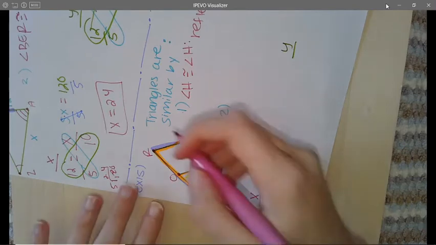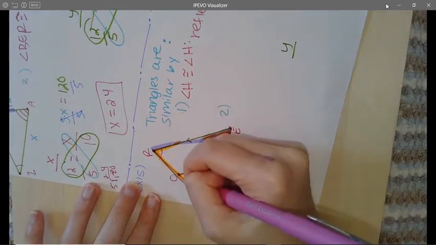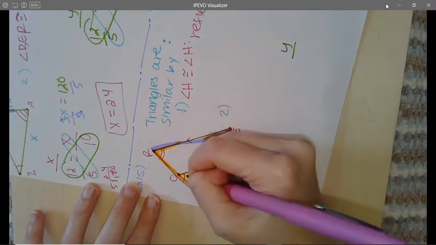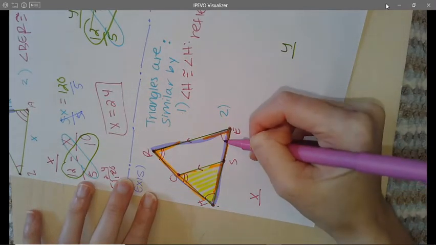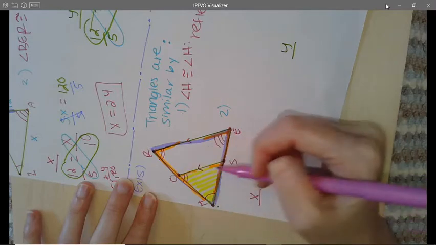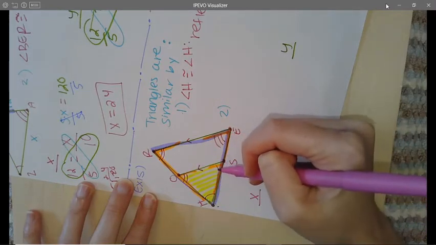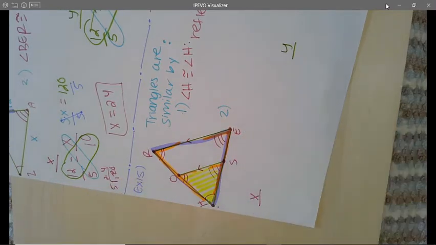And how do corresponding angles relate to each other? They are congruent. So I know that angle R is congruent, I'm going to put two arcs, to angle SOH. And I know that angle E is congruent to angle OSH. How I know is because of the corresponding angle postulate, which tells me that corresponding angles are congruent.